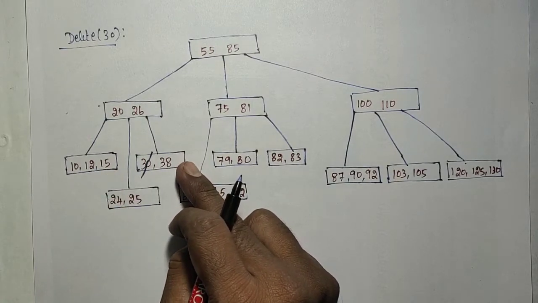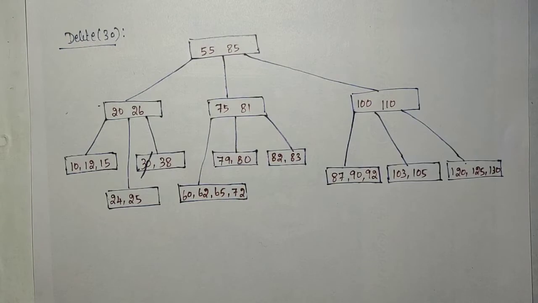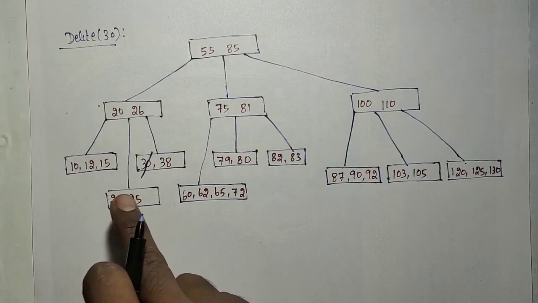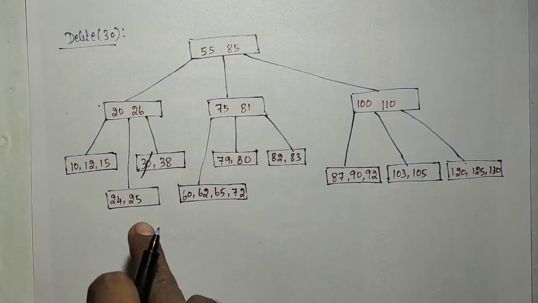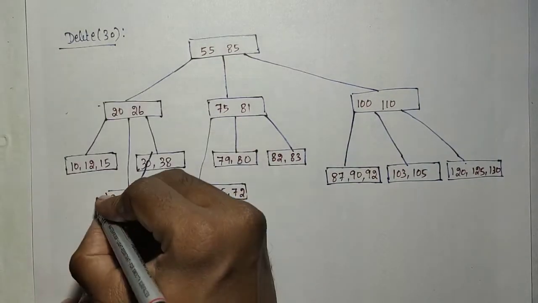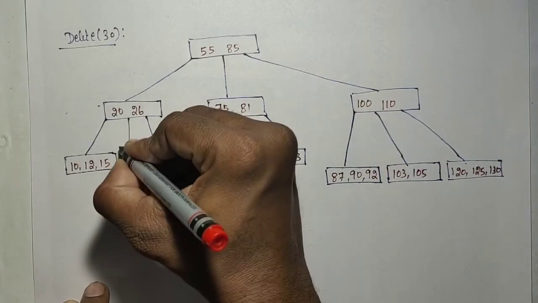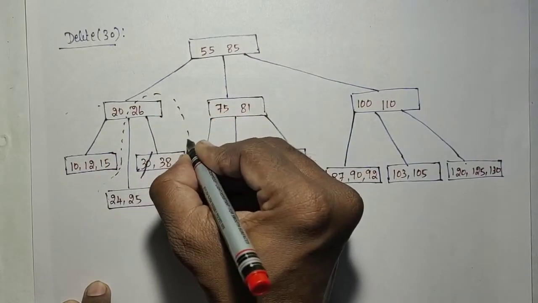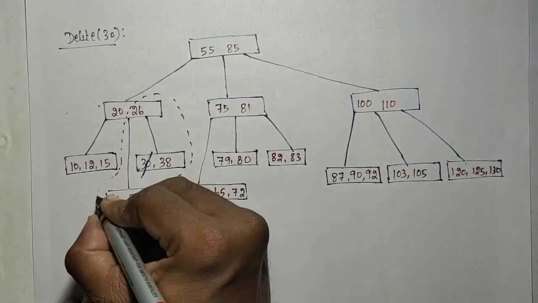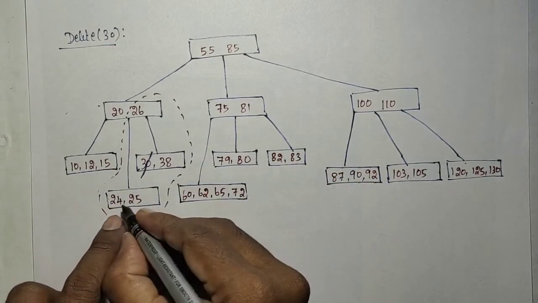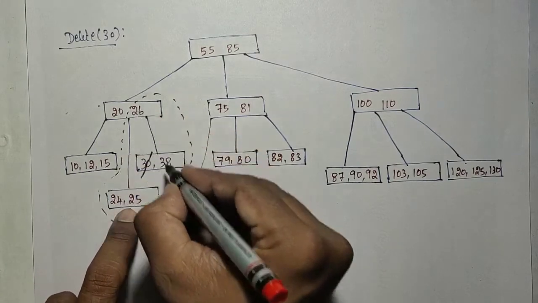Okay, so the merging means I need to merge this with the left sibling, correct? So the merging will happen like this. This 24, 25 and 26, 38.